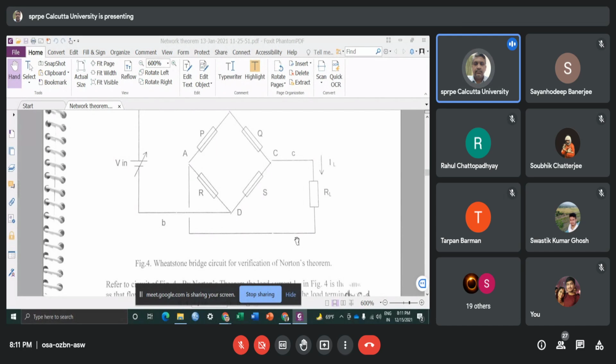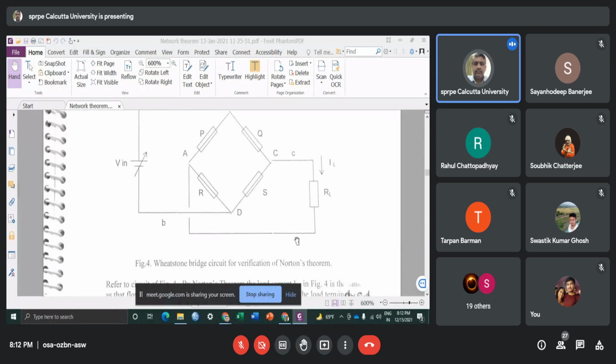Okay, if it's a very low impedance or a zero impedance then it comes to be a short circuit, and if it's a very high resistance then it is actually an open circuit. Okay, so as I short circuit the load resistance, the current flowing through this load resistance will give you the equivalent Norton current, and the Norton resistance is similar to the Thevenin resistance.